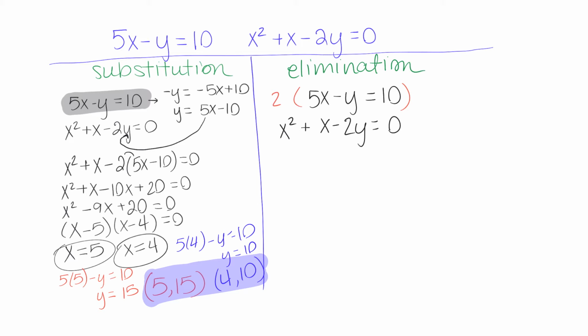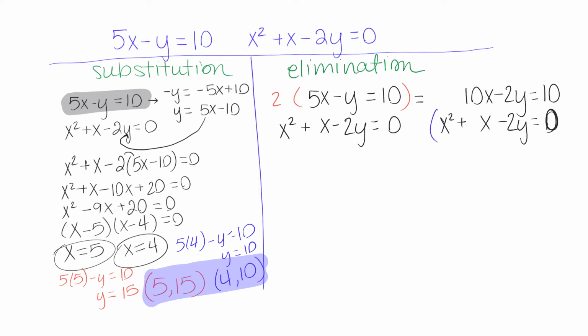And that's going to give me, I'm going to rewrite. So I'm going to then have 10x minus 2y equals 10. And I'm going to rewrite my next one so I don't mess myself up, because organization is the name of the game in this kind of problem, right? You have to be really careful.